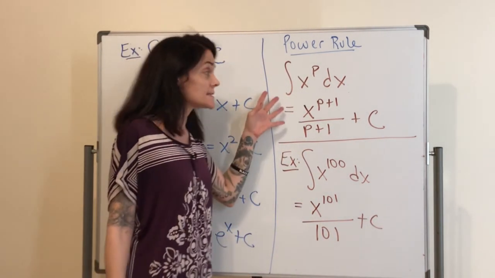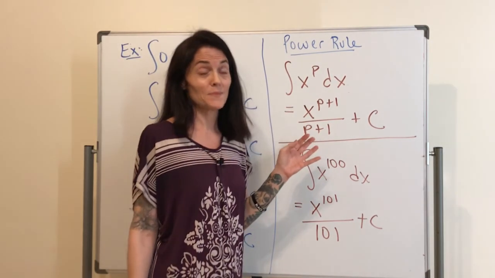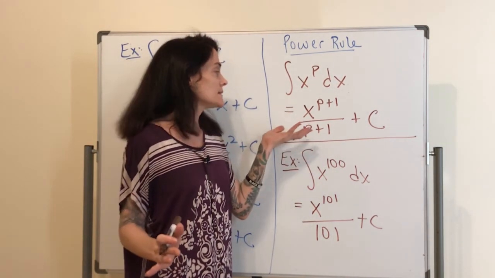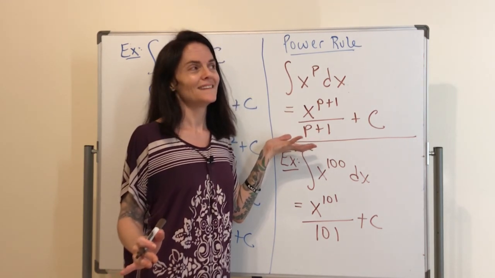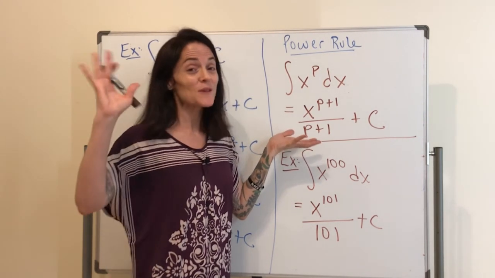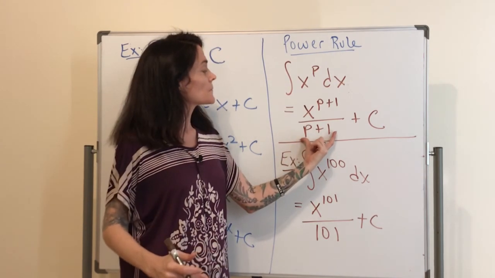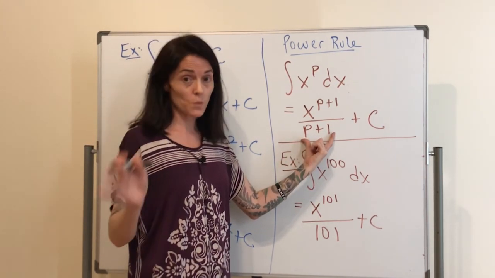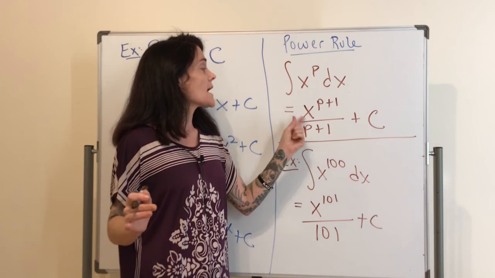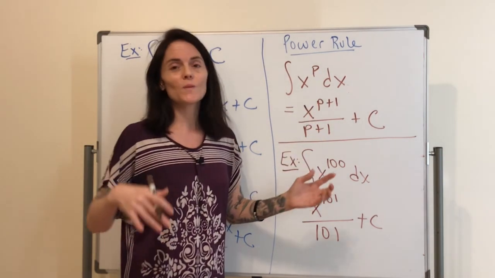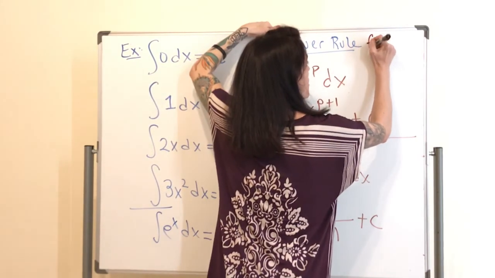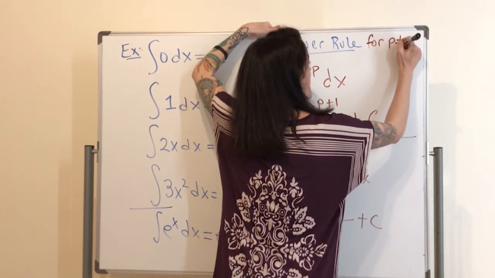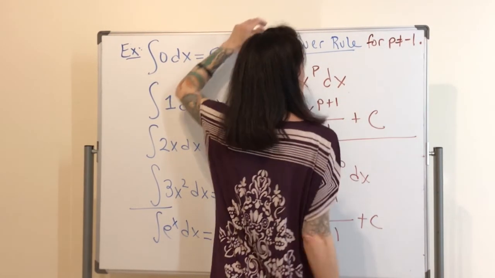Now, stare at this rule for a moment before we do anything else. Does this hold for every single p? I hope you say no, because look, if p is minus 1, this would say x to the 0 over 0, and we know we can't divide by 0. So this is only for p not equal to minus 1.